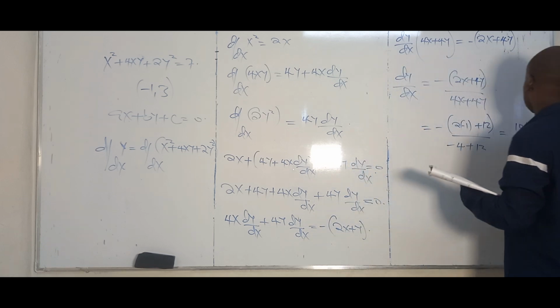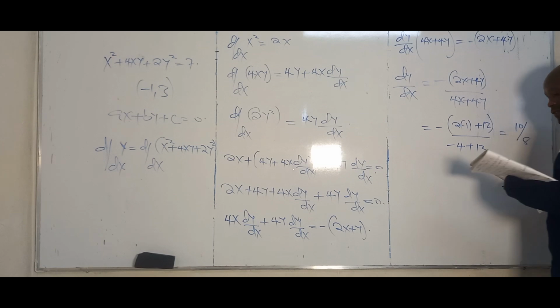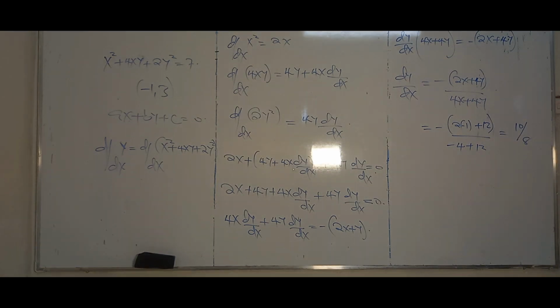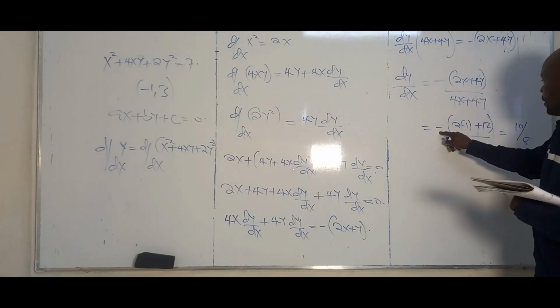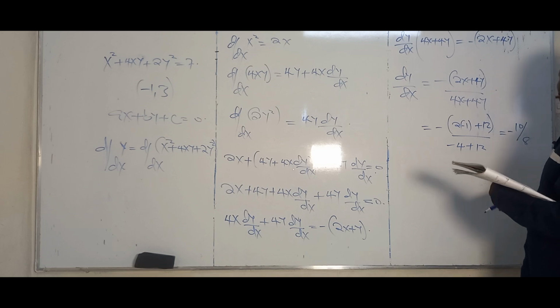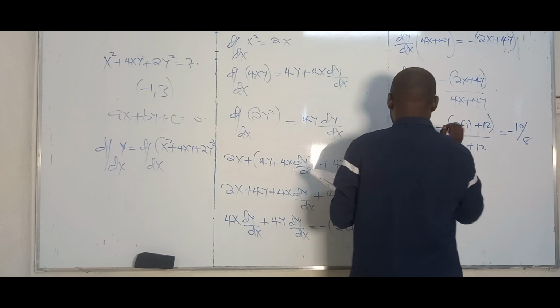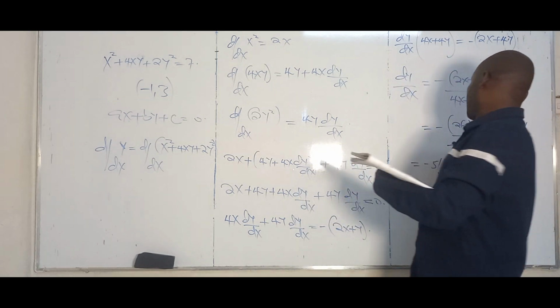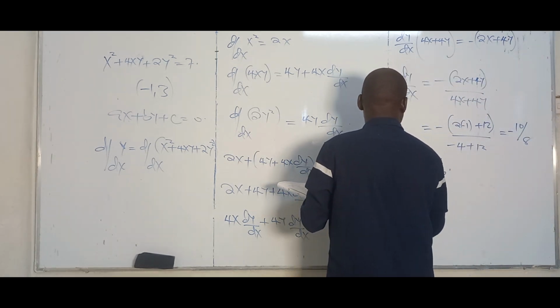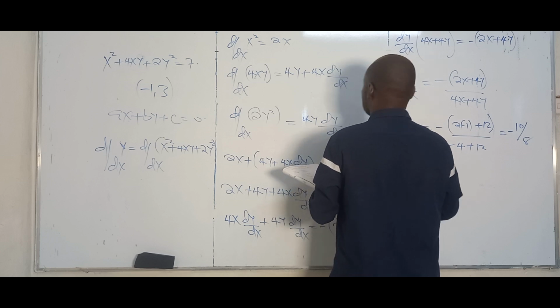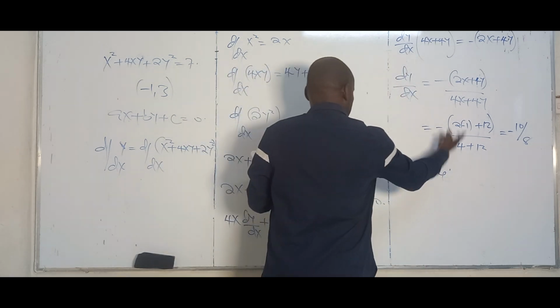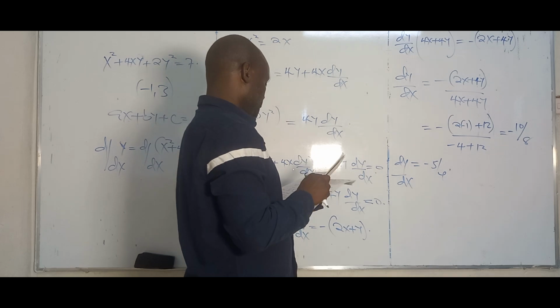And that gives us 8. And there was a minus outside, so that gives me minus 5 over 4. So I see that dy/dx at this point is minus 5 over 4.